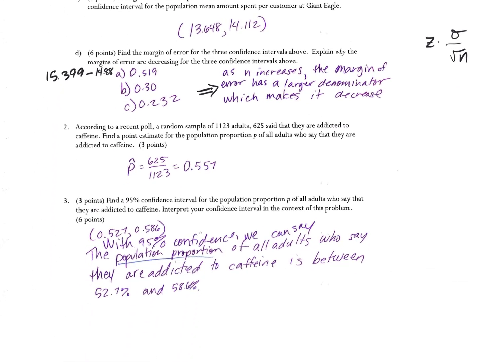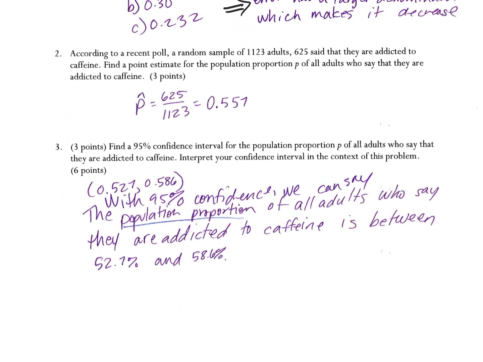Okay. I feel like number 2 is pretty self-explanatory. This one, because this is about a proportion, you have a p hat, and we would have found this interval using the 1 prop z int. Everybody good?